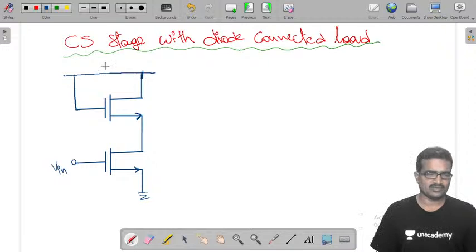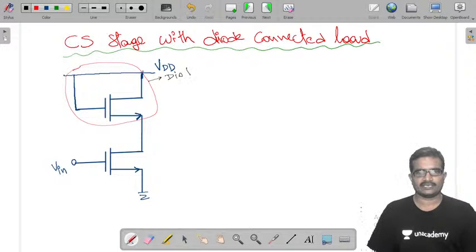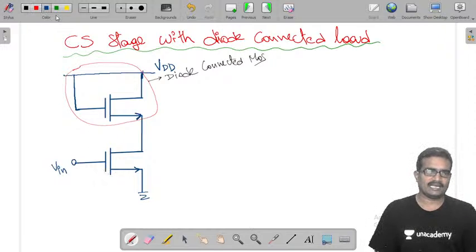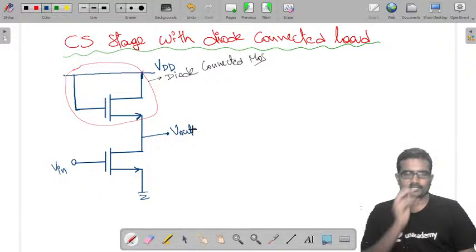This part is the diode connected MOS, the diode connected load. And we are taking the output here.